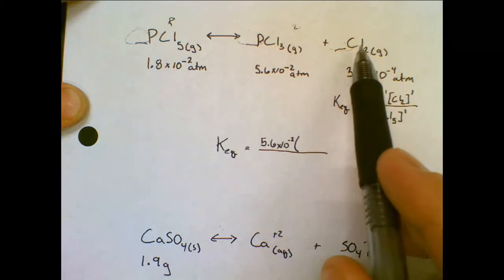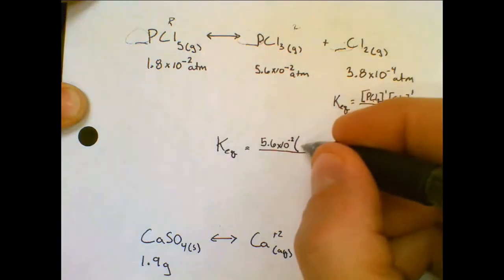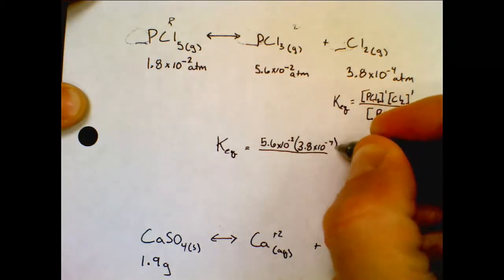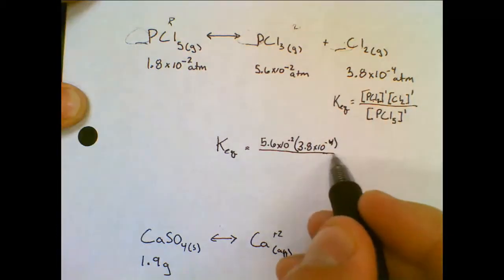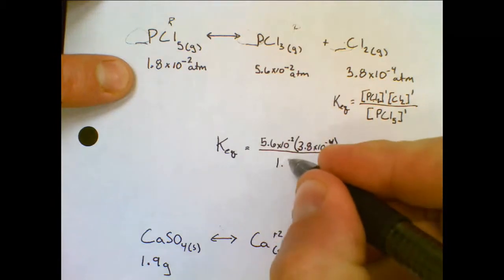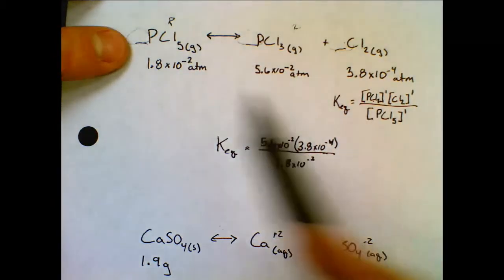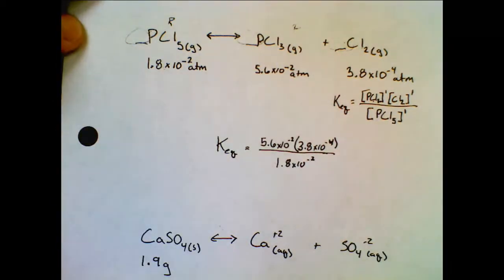And then chlorine, which is 3.8 times 10 to the negative fourth atmosphere, so that's a pressure of a gas. And then in my bottom, 1.8 times 10 to the negative second. And again, just matching up my substances appropriately.